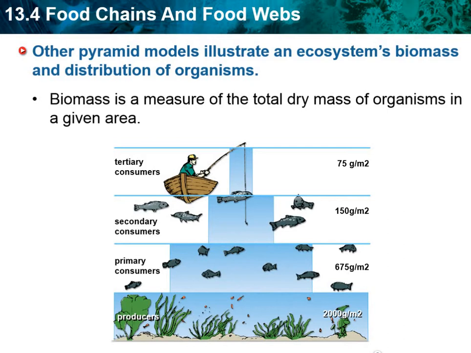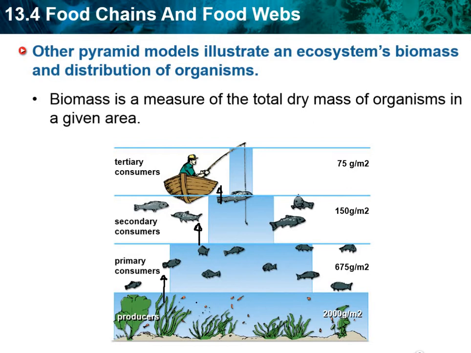If you look at that picture here, you see that where the biomass is larger, it means it's getting more energy. And as you go from one level to the next, there's a smaller amount of biomass from one level to the next.